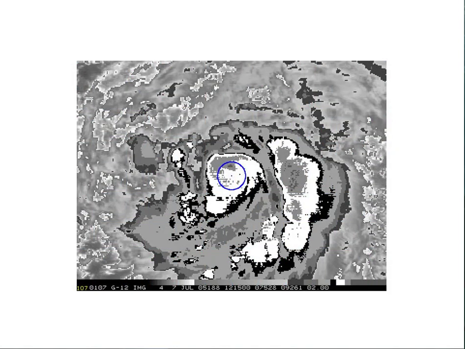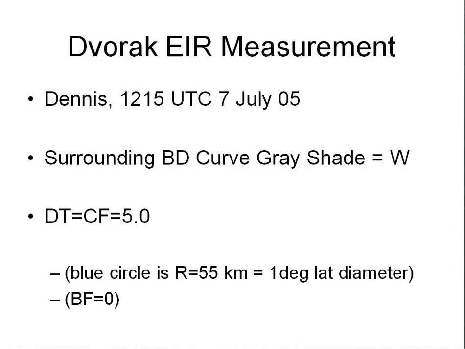Here we very clearly have a cold, well-defined CDO, but no eye. The embedded center surrounding gray shade with distance criteria of 1/2 degree latitude is white. This gives a T number of 5.0.